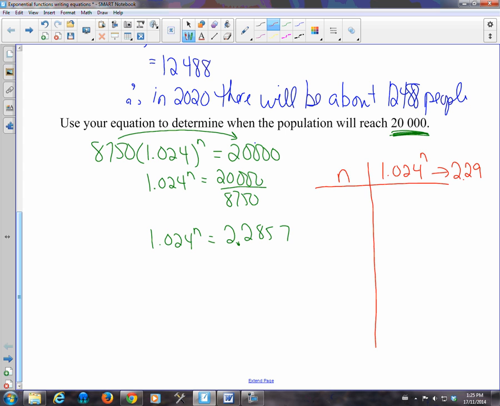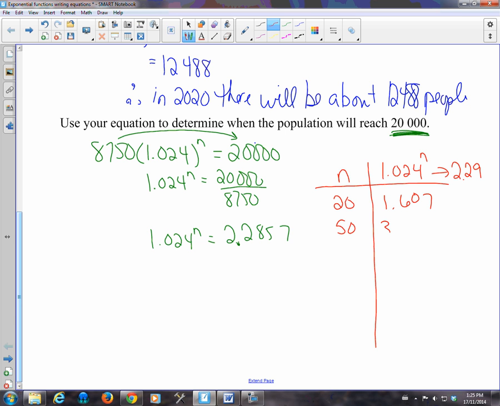I'm not sure where we're going to need to start. Let's try, I don't know, 20. Pick a number. And I'll type it into my calculator, 1.024 to the exponent 20. And I see that I've got 1.607. So I'm a little bit off. So I'm going to increase that by quite a bit. Maybe try 50. 1.024 to the exponent 50.